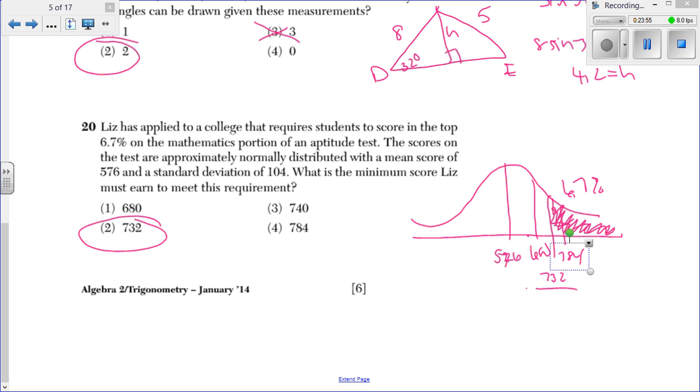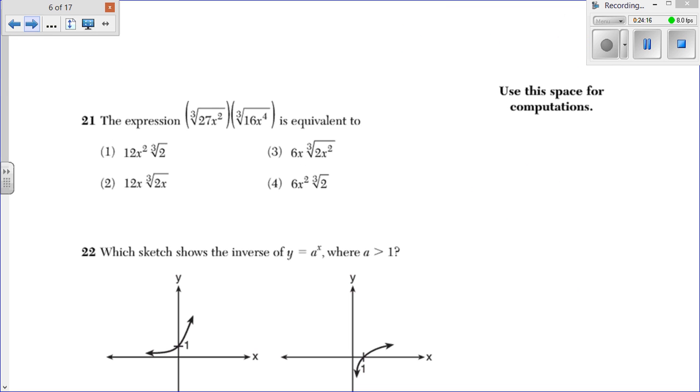Yeah, that would be a lot harder to do on the calculator. Easier done by hand. Alright, next question.